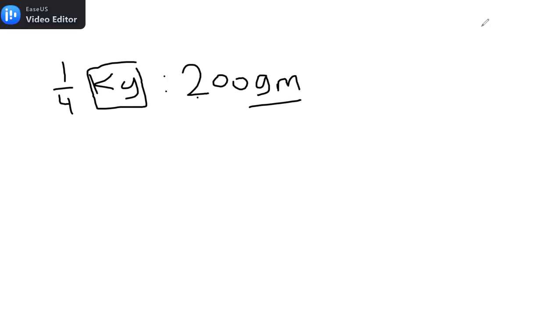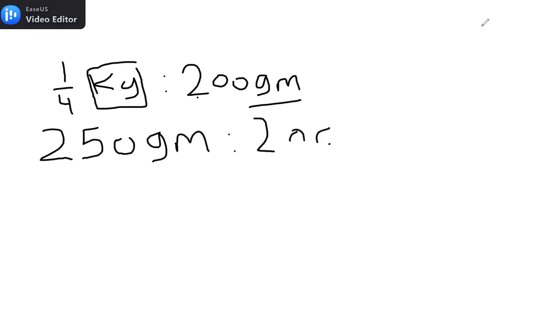So now we can write the ratio as 250 grams to 200 grams. Because the two units are the same, now we can cancel the units and start to put this ratio in the simplest form.